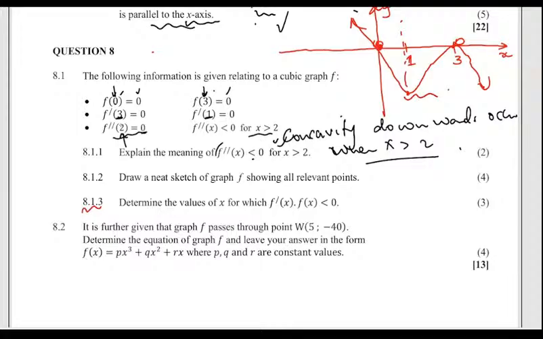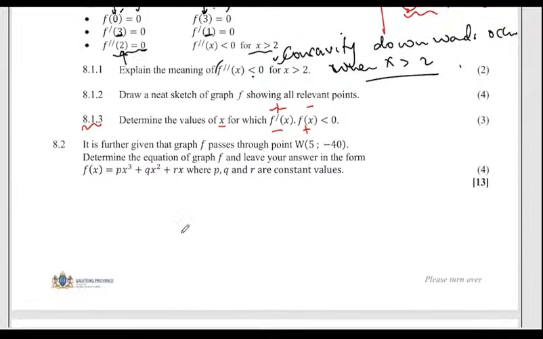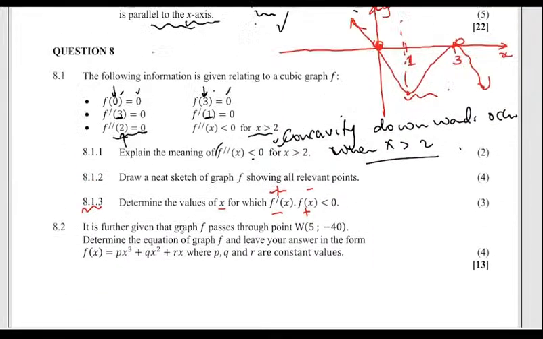And then 8.1.3, determine the values of x for which f prime of x. So this is the gradient and the graph itself. So there are two conditions. Either this is positive or negative, or it's negative and positive. So let's answer this question and see. Where do we find the graph to be increasing, but below the x-axis?